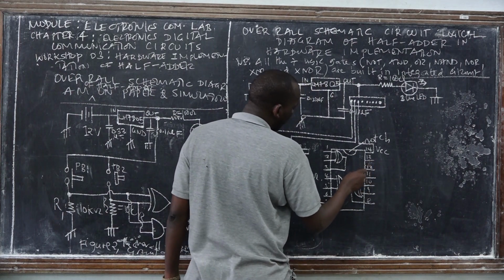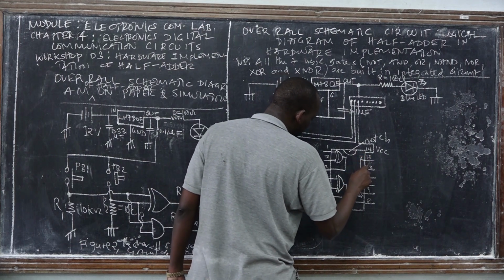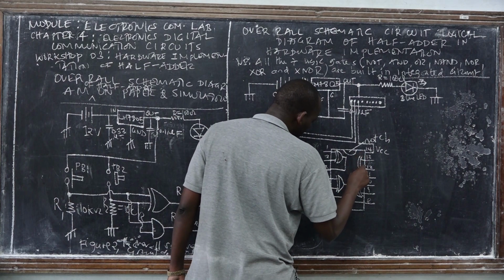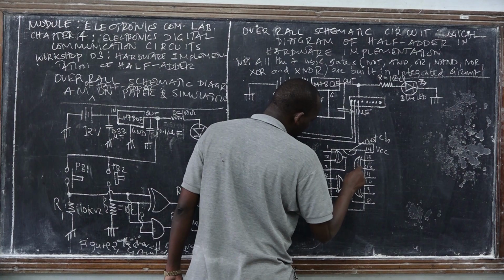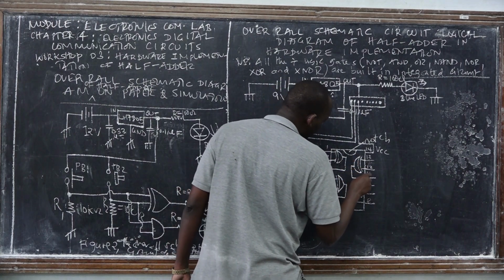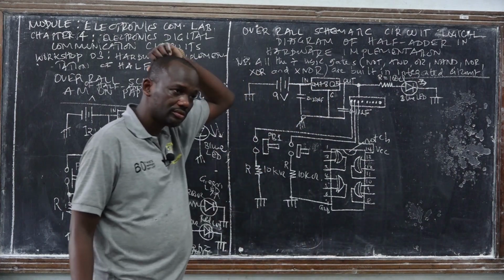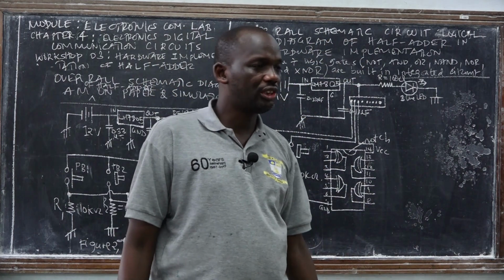So pin number 12 and pin number 13, these are the input pins of exclusive OR gate number 4, or the fourth exclusive OR gate. That's the physical appearance of exclusive OR gate.